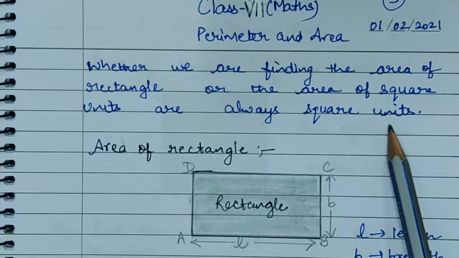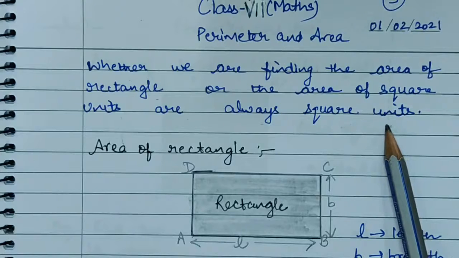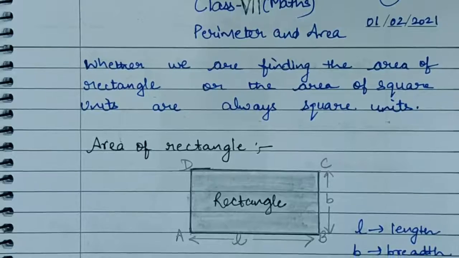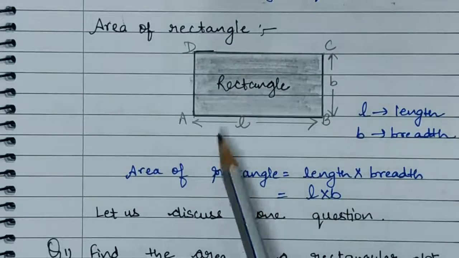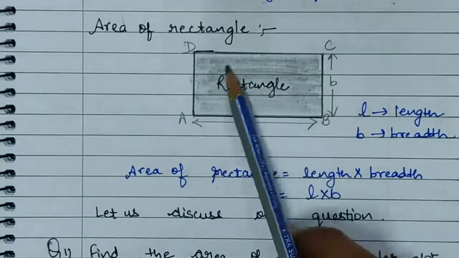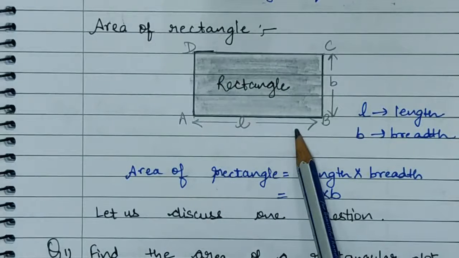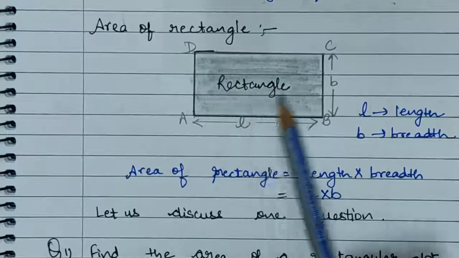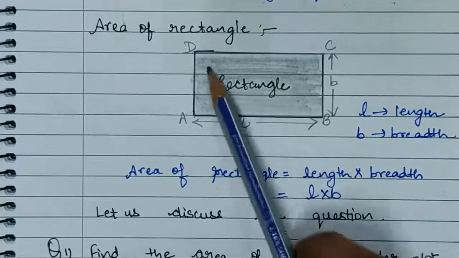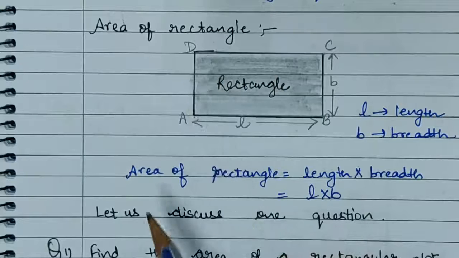Now, let us discuss what is the area of a rectangle. This is the rectangle shown in the figure. The shaded part is the area of this rectangle.